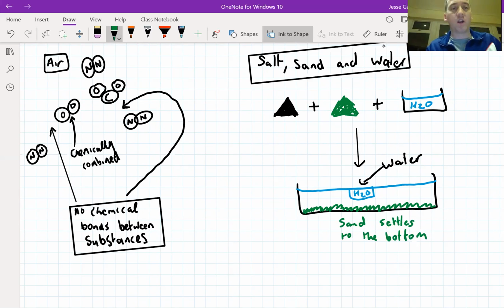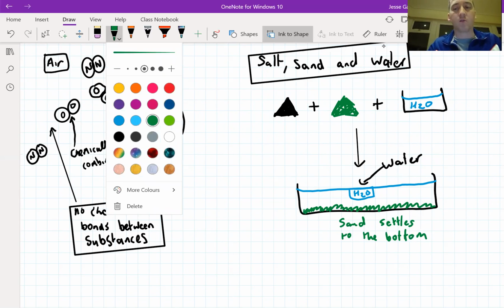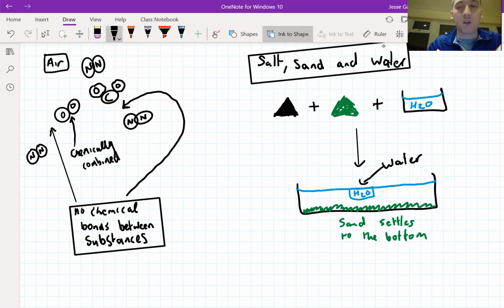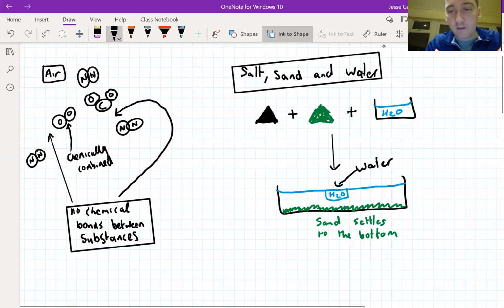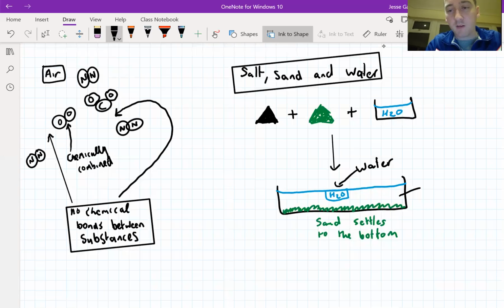And we've learned in the previous lesson what's going to happen to the salt. So on 3, tell me what's going to happen to the salt. I'm hoping that you said the salt, we can't see the particles here because the salt has dissolved.